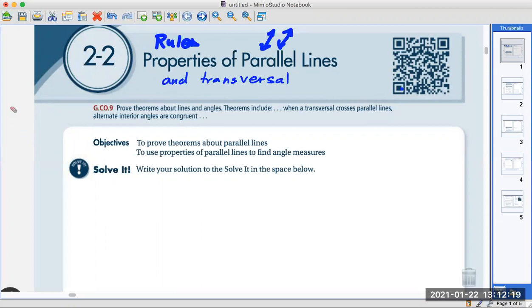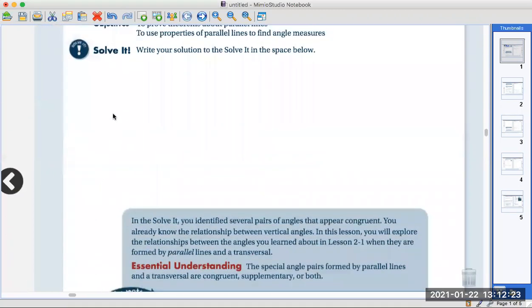So there's a bunch of postulates and theorems, but overall, I want to put in this space what it's all about.